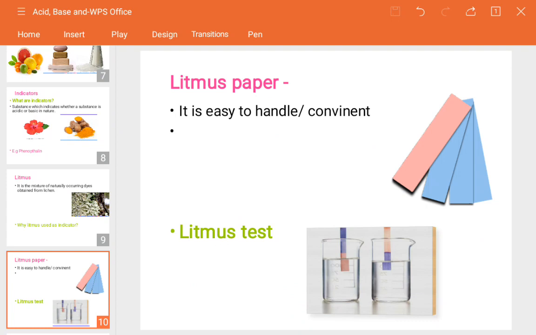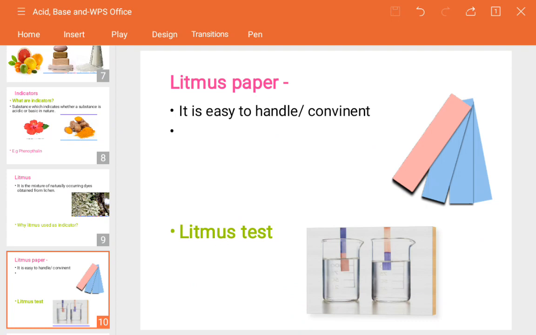One more twist is there. If you dip a blue litmus paper into a basic solution, what happens? The color remains as it is, because bases always show blue color.